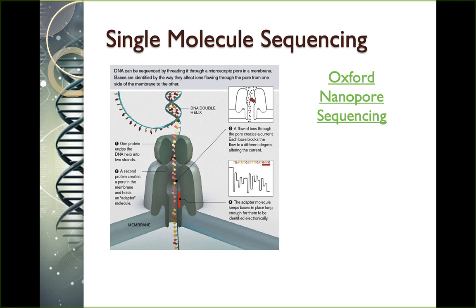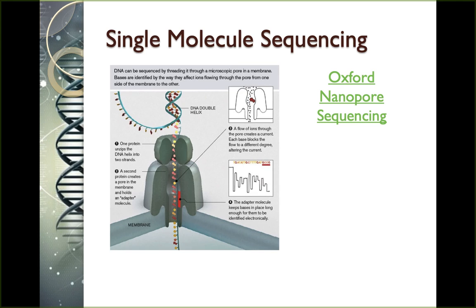Oxford Nanopore works in this way in which it uses a nanopore, and a lot of these nanopores had their original construction and innovation developed up at UCSC, just up the road.